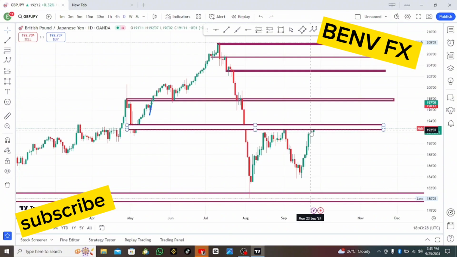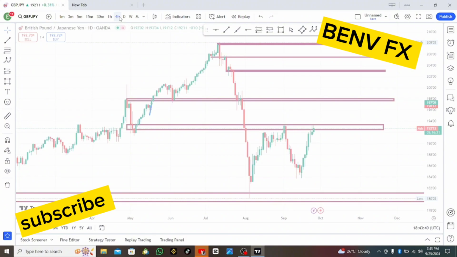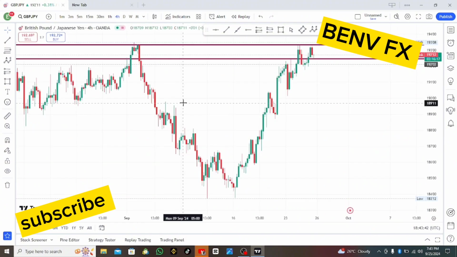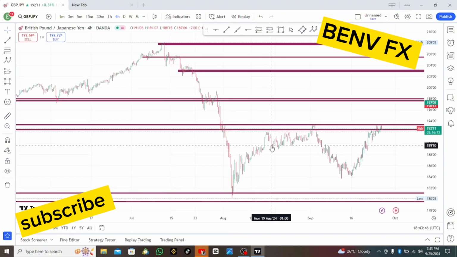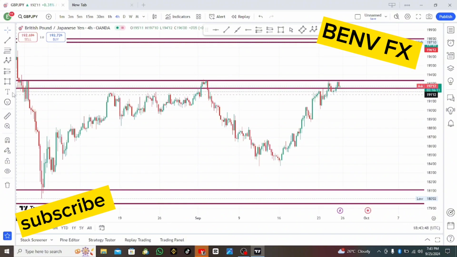So now let's switch down to the 4 hour time frame. Let me show you guys what I'm saying here. From the daily time frame, you know that the market is on the resistance level, as it formed this W pattern.